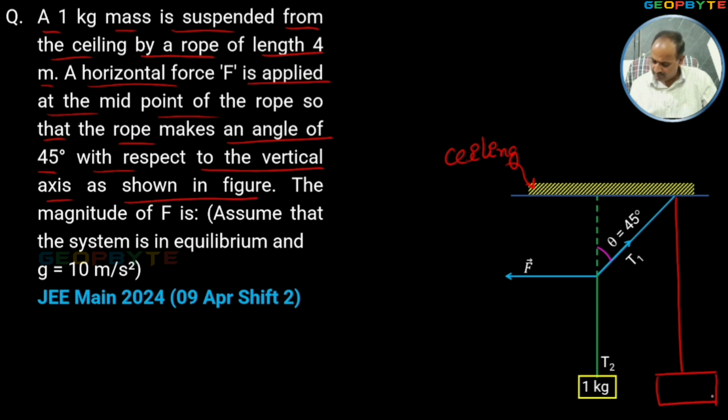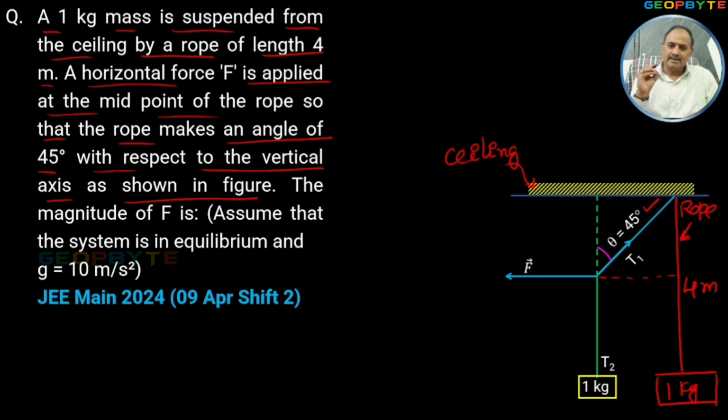The mass of the weight is given as 1 kg. This is the rope. What is the length of the rope given? 4 meters. Then at the midpoint of the rope, a horizontal force is applied for pulling. Once the horizontal force is applied, the rope makes an angle of 45 degrees with respect to the vertical.